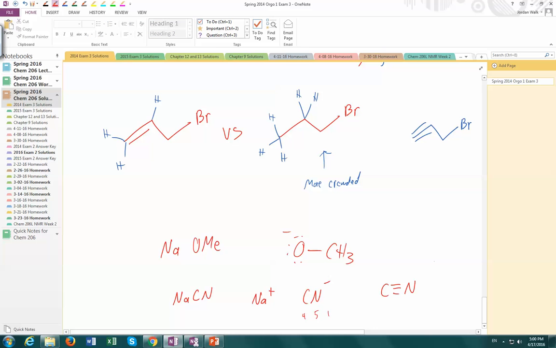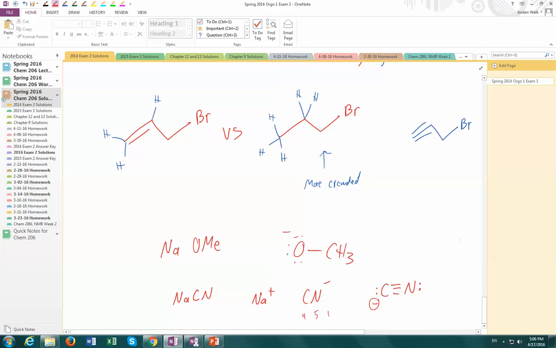Ultimately, we could have a structure that looks like this, but probably not, because there's not enough electrons. There we go. So we have this structure with the negative charge on the carbon. I think that's the only structure we could have.